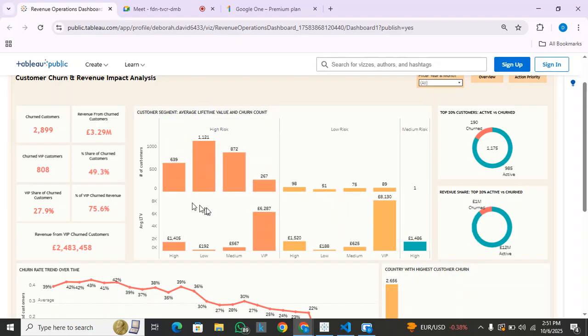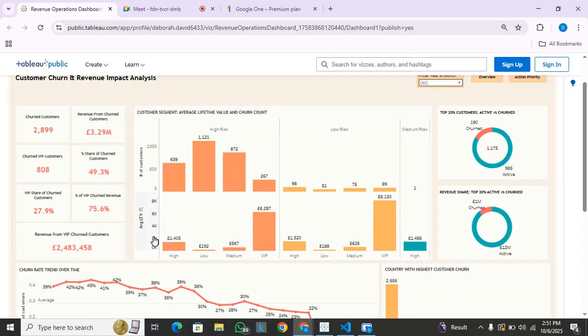For high risk, which should be our focus, we have 267 VIP customers, 872 medium customers, and 1,121 low value customers. And then high value customers are 639.